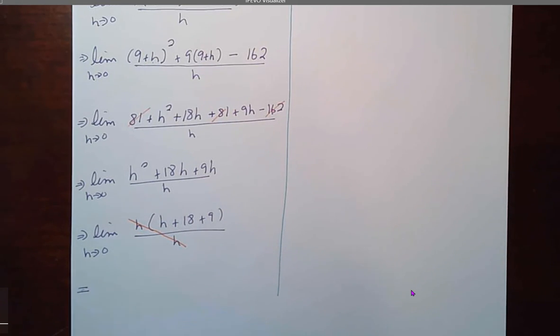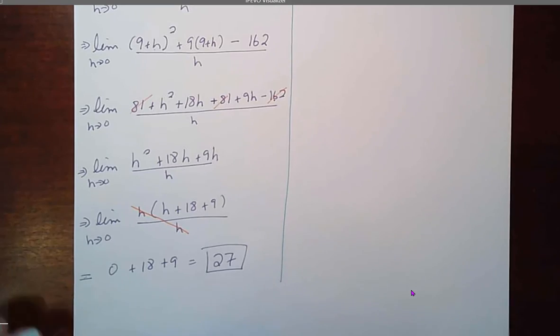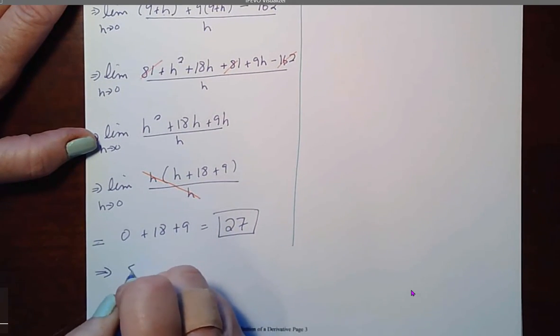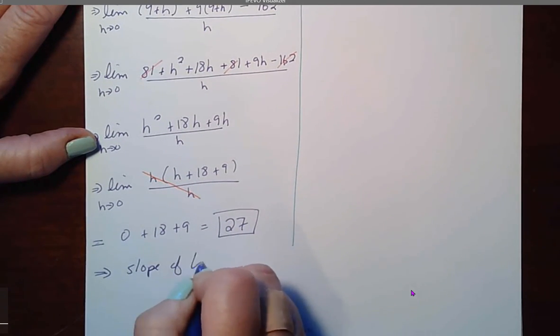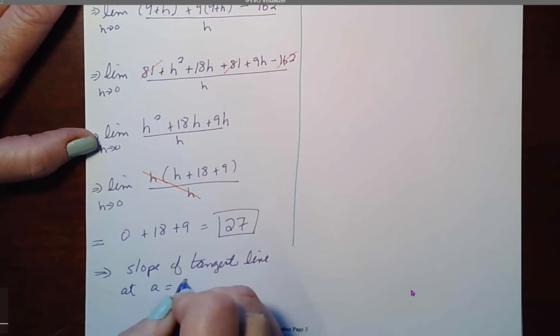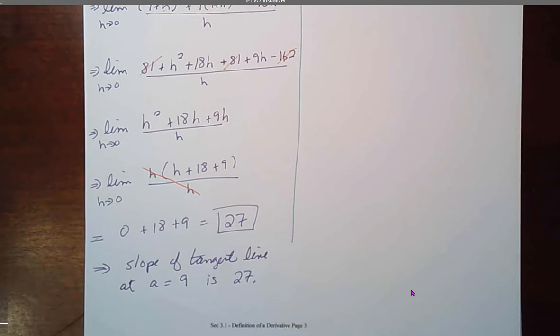So this equals what? 0 plus 18 plus 9, which is equal to 27. What that means is, this implies the slope of the tangent line at a equals 9 is 27.